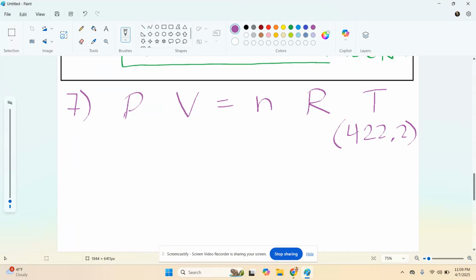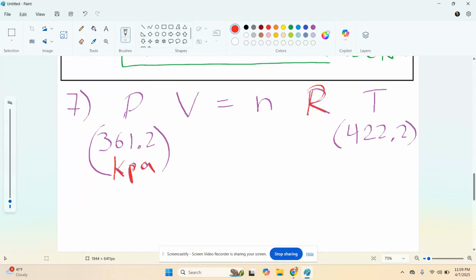It says that the gas has a pressure of 361.2 kPa. And it's important to pay attention to that variable. It's kPa, and we need to know that for the gas constant R.